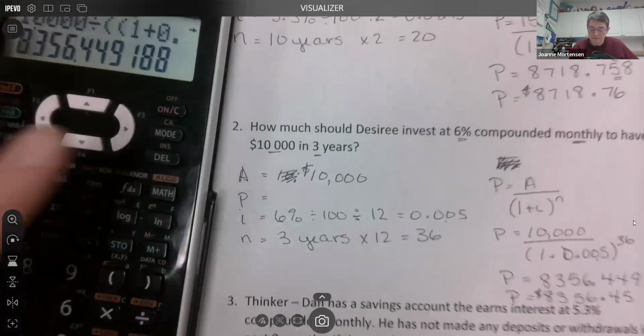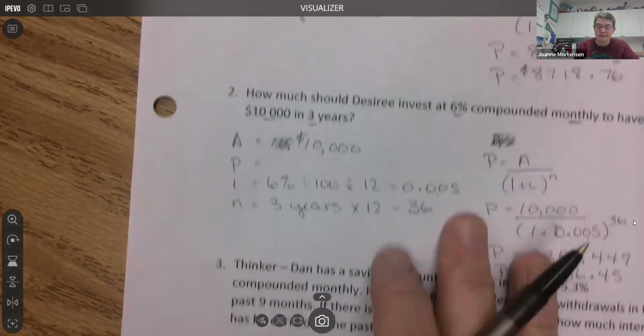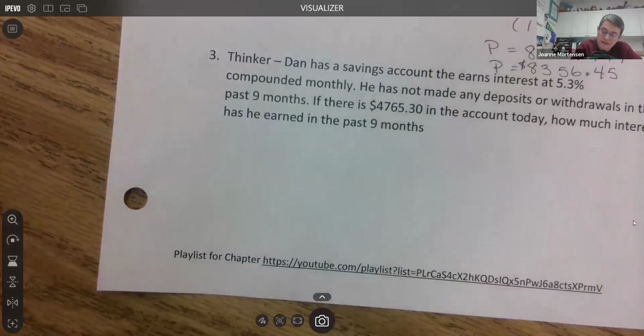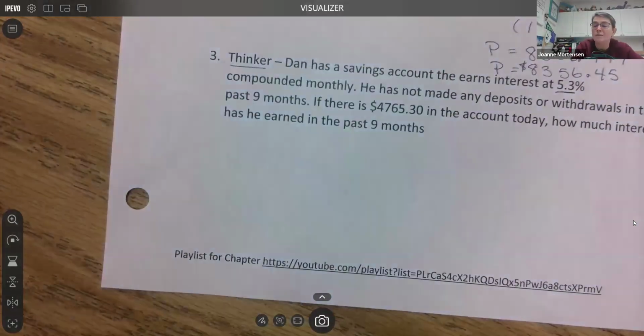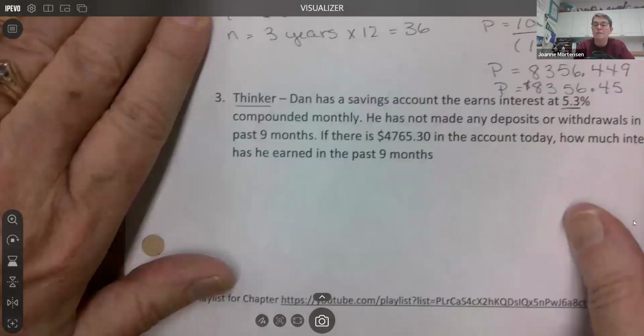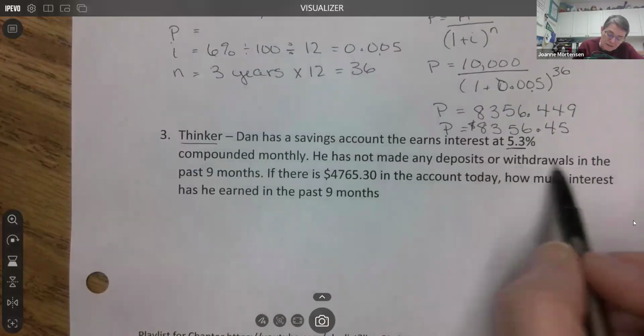Yes. Okay. Not excited about the fact that this says thinker at the bottom. Dan has a savings account that earns interest at 5.3% compounded monthly. Okay, so got a percent. I should stop doing that. It makes everybody go, nah, I don't want to do that one. Compounded monthly, no deposits or withdrawals in the past 9.